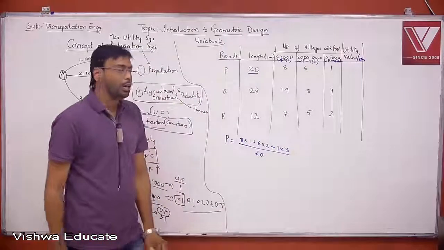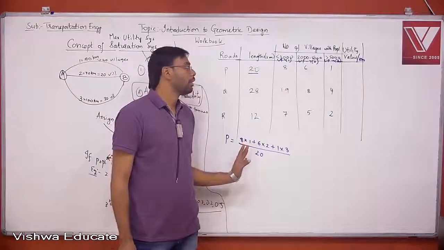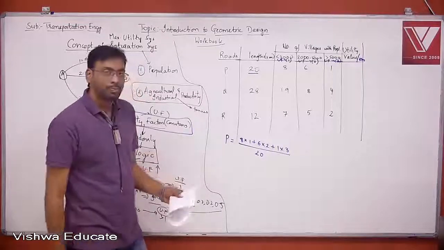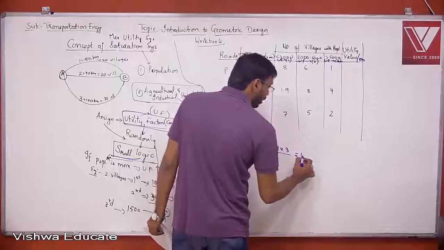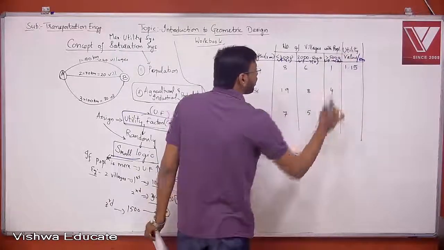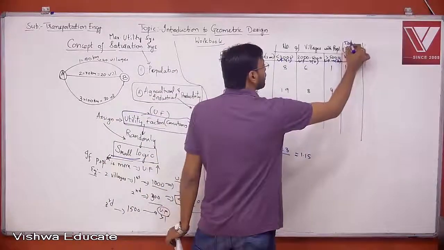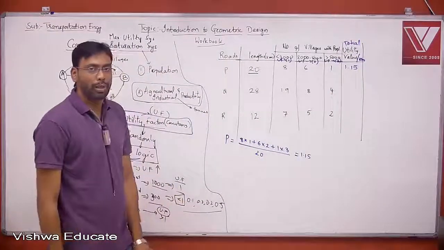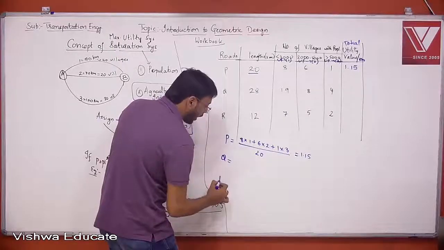So I divide the total utility value by the number of kilometers, that is 20. If you have calculators, you can solve it. It comes as 1.15. So the utility value per kilometer is 1.15 for route P. And similarly, you can do it for route Q and route R as well.